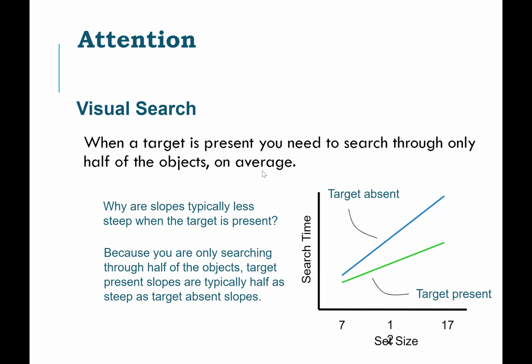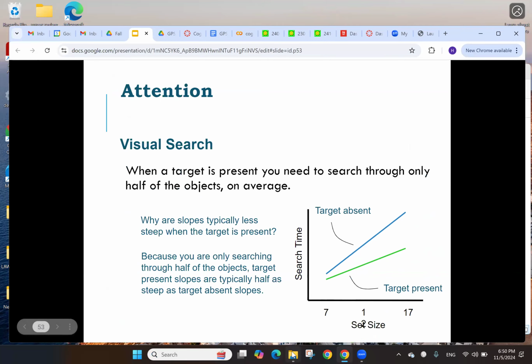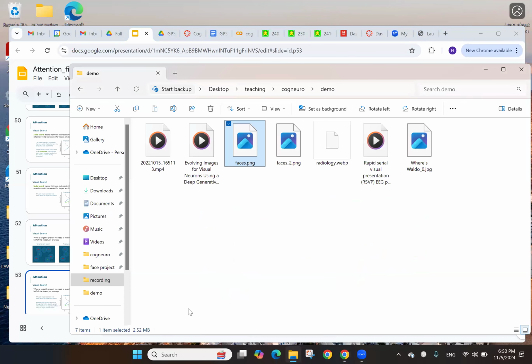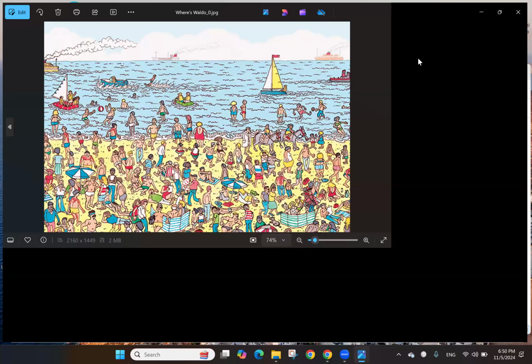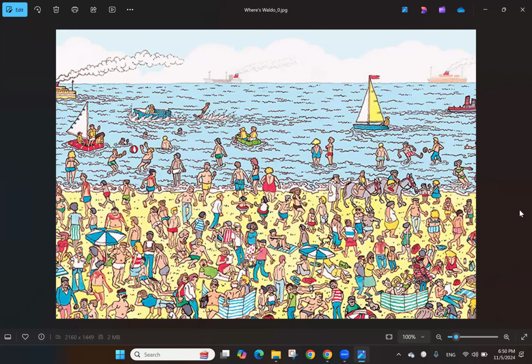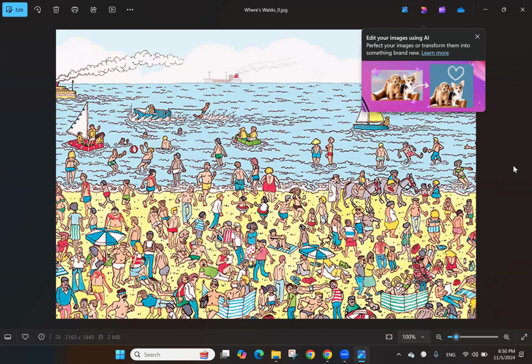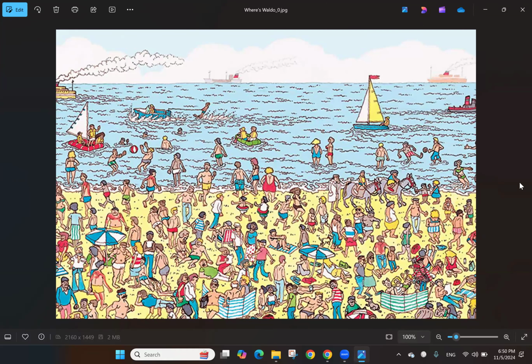I have a demo. I wanted to show you a search task. Where's Waldo? Many of you have done this search task, right? The task is, where is Waldo?